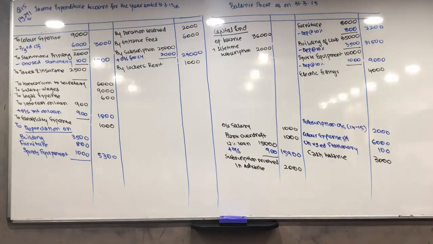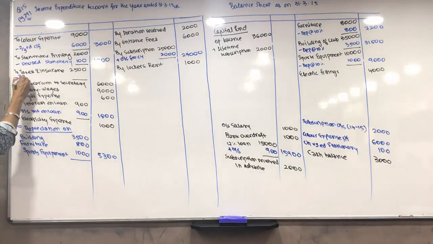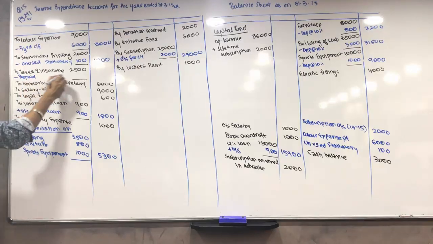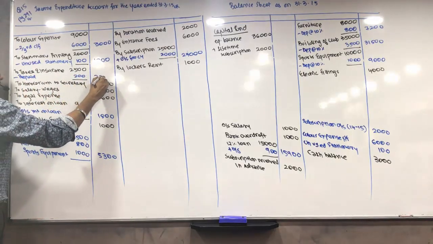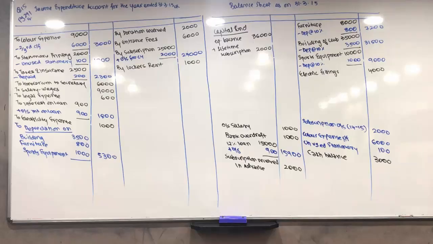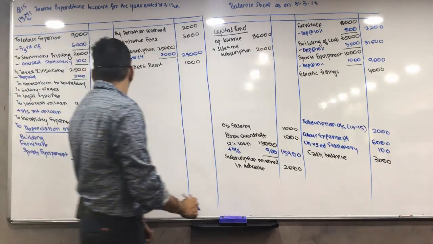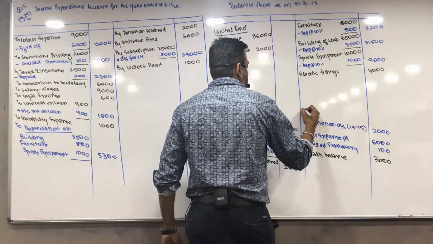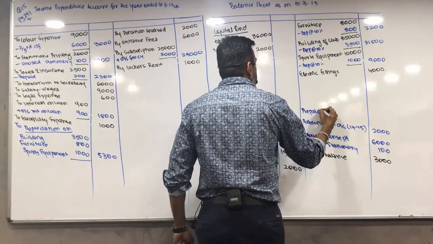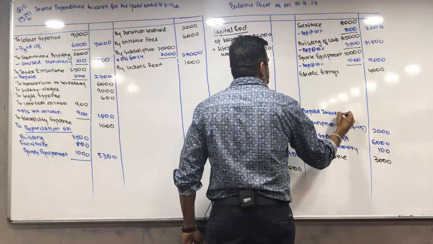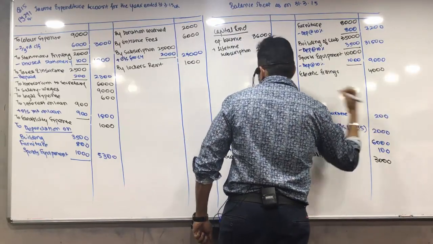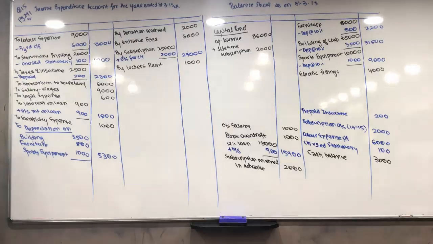Prepaid insurance 200, minus prepaid 200, outer column 2,300. Expense paid in advance is not our expense, it is our asset. Prepaid insurance 200. Check the two effects of all the adjustments and start closing.